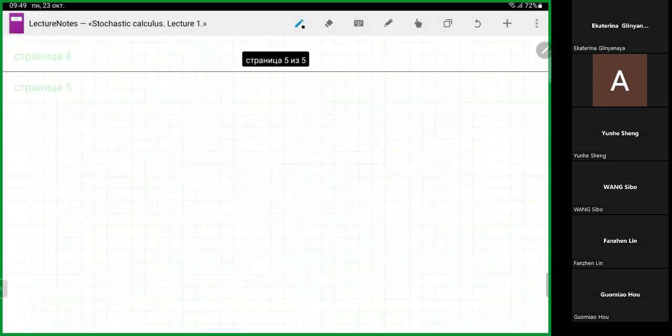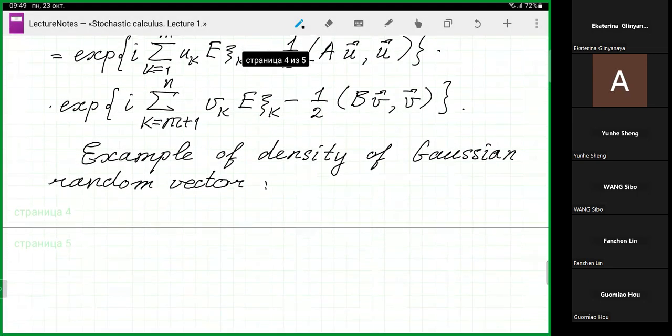Now I will consider a special kind of Gaussian random vector.